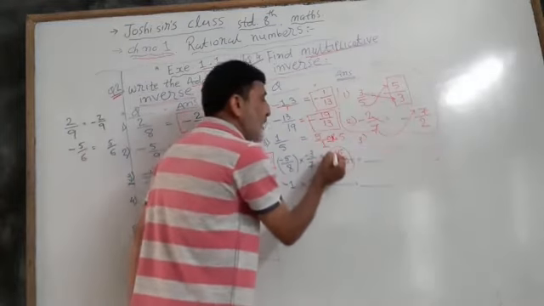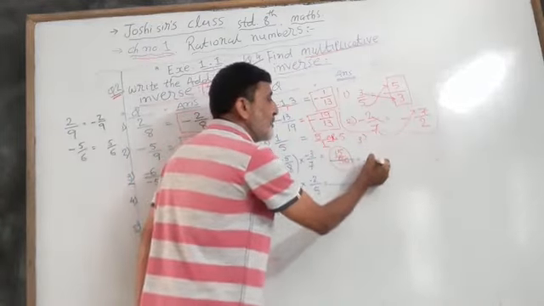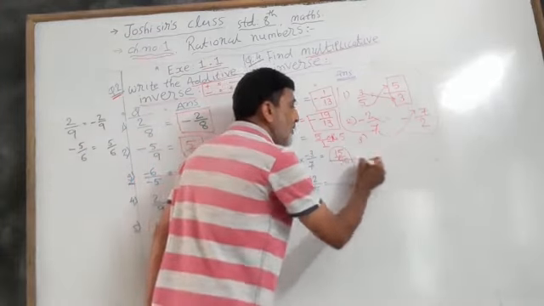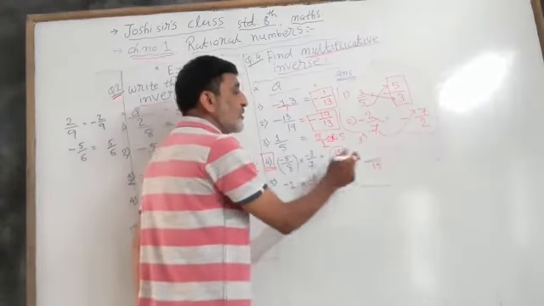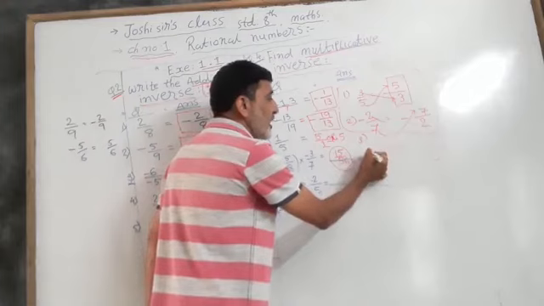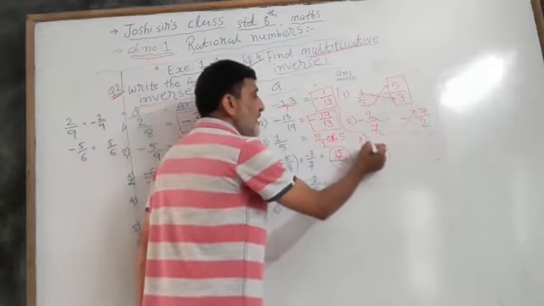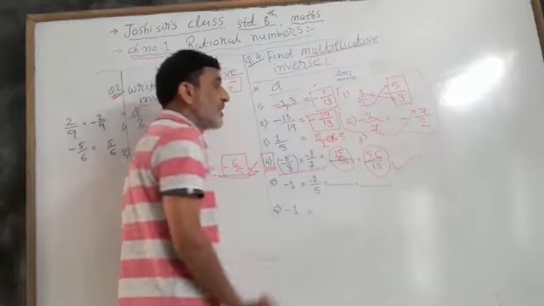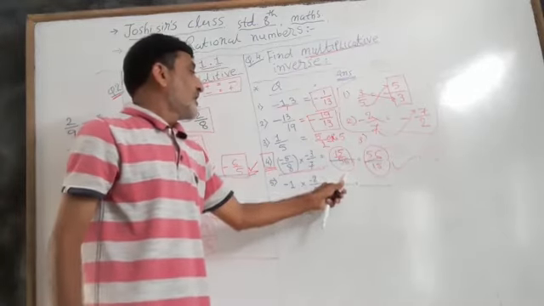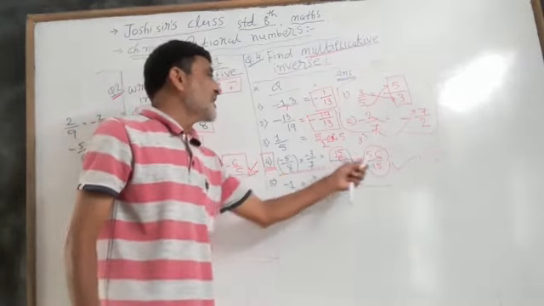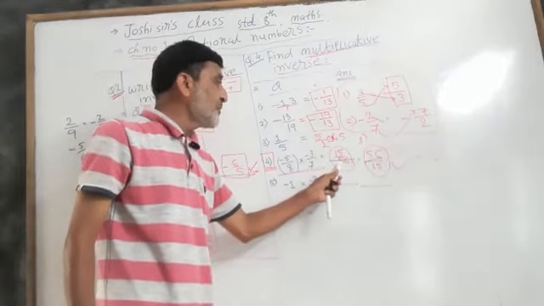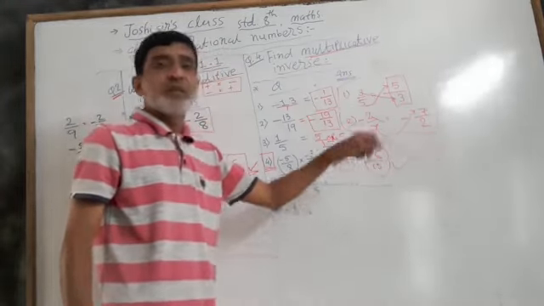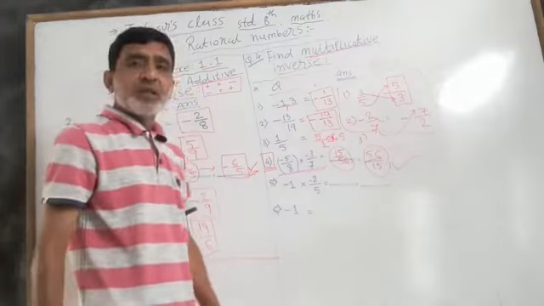Now 15 is up, so we will write 15 down, and 56 is down, we will write here 56 up. Okay, this is the final answer of this question. If you don't know directly this answer, then you can simplify it first, then you change it in the final answer. Okay, understand?